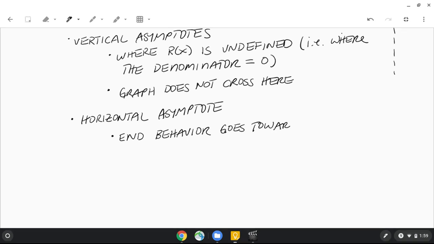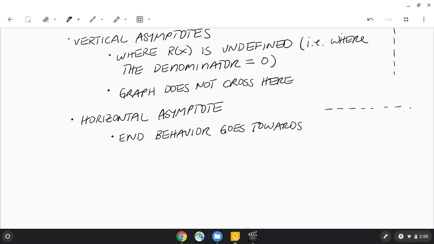So you have this horizontal line. This is the y value that your function will go towards as x gets very, very large, like a million, and gets very, very small, like towards negative 1 million. So end behavior goes towards this.